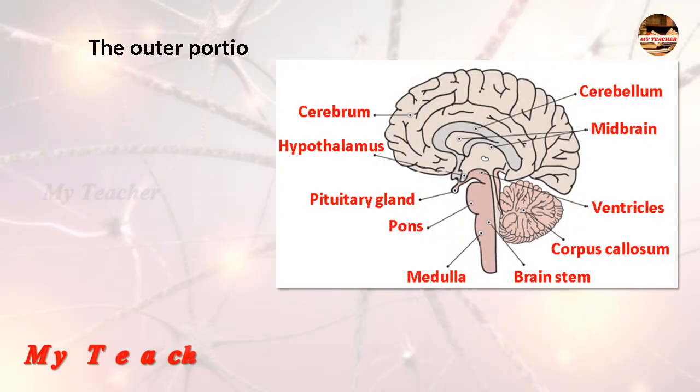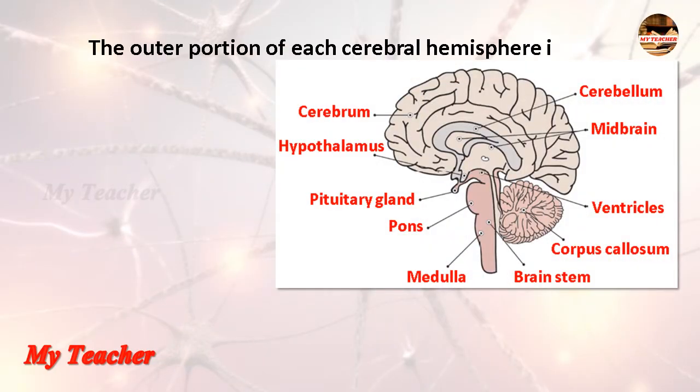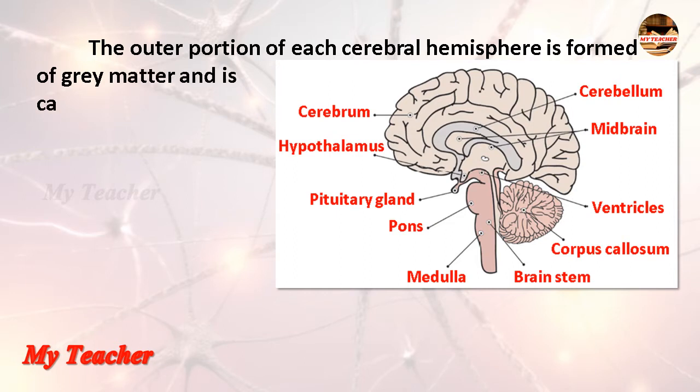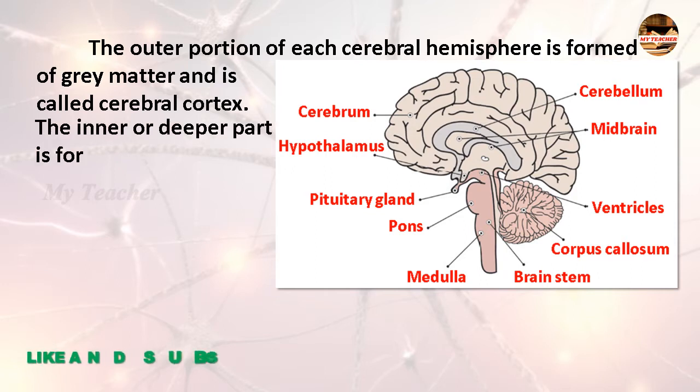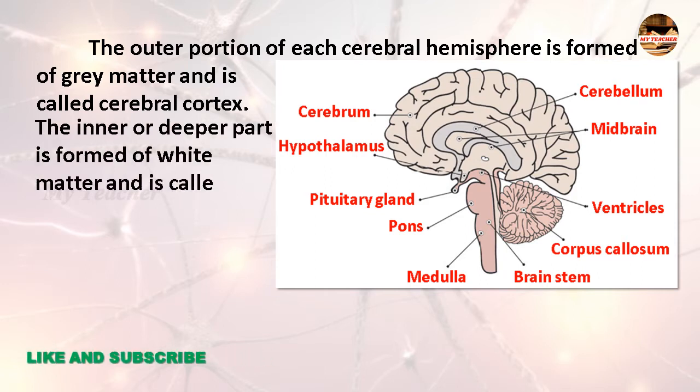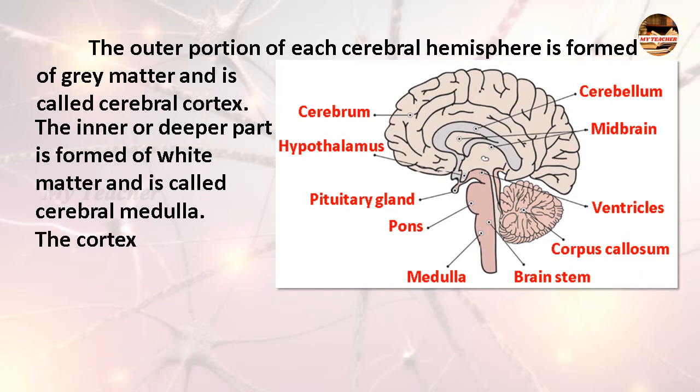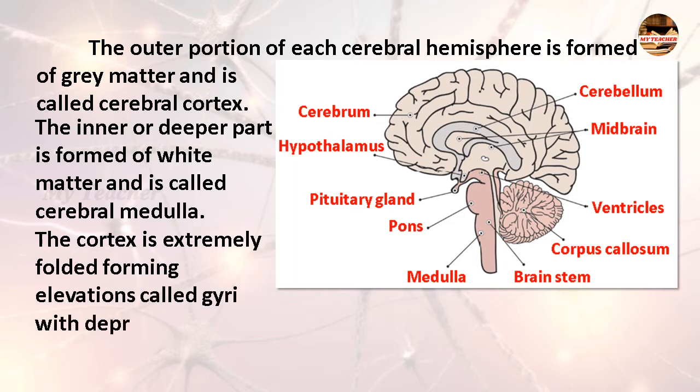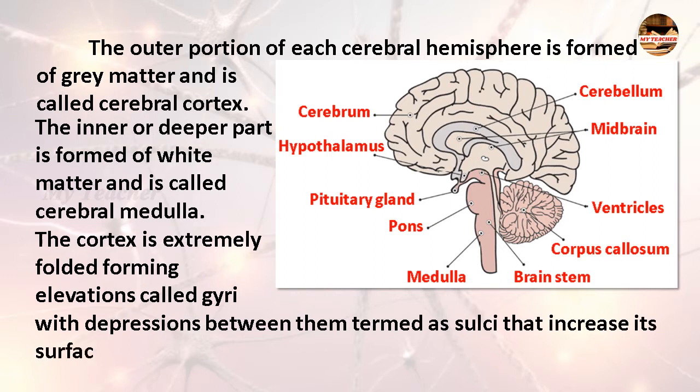The outer portion of each cerebral hemisphere is formed of grey matter and is called cerebral cortex. The inner or deeper part is formed of white matter and is called cerebral medulla. The cortex is extremely folded, forming elevations called gyri with depressions between them termed as sulci that increase its surface area.